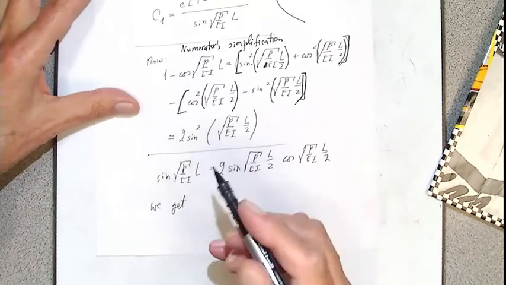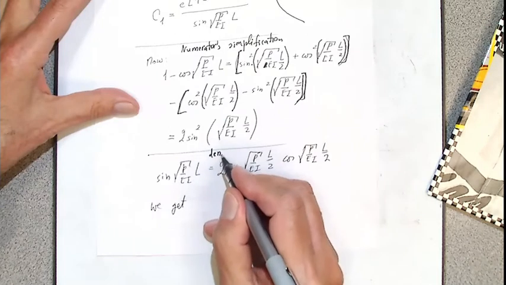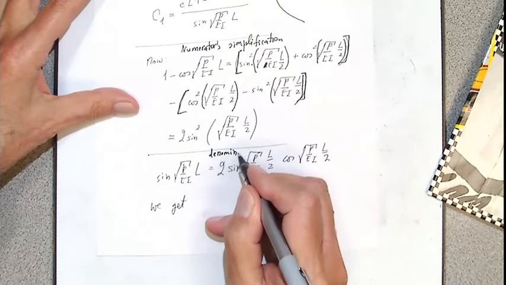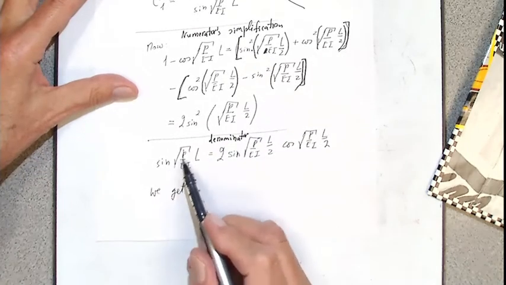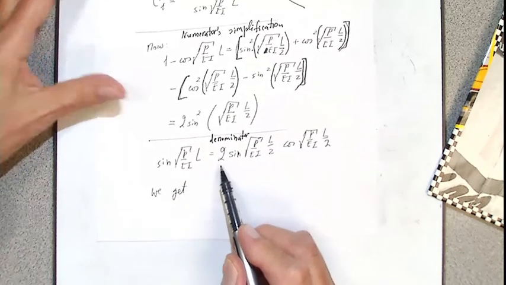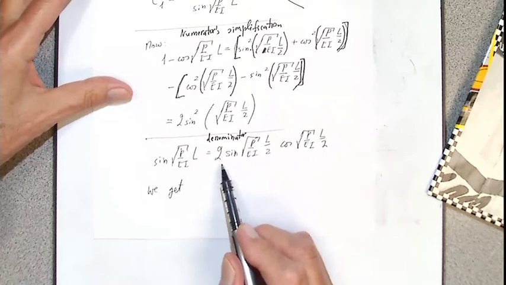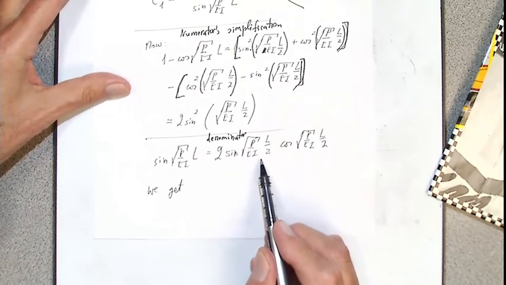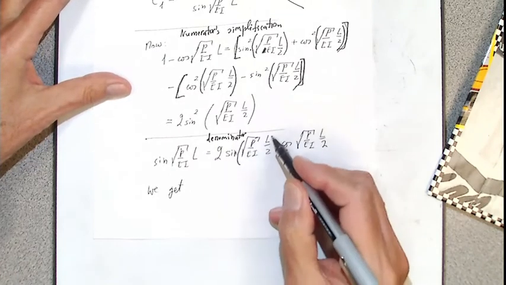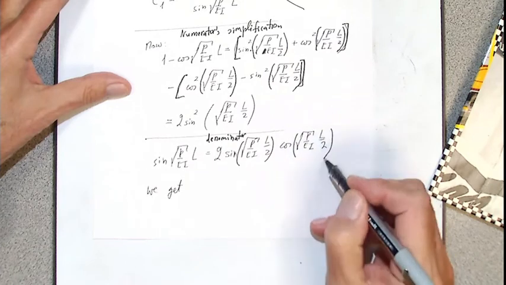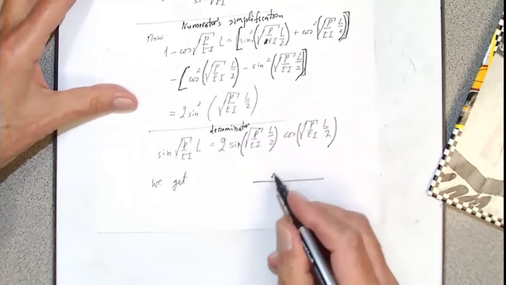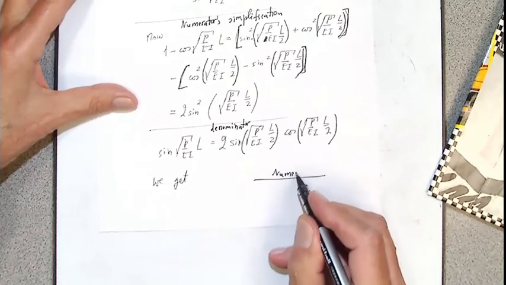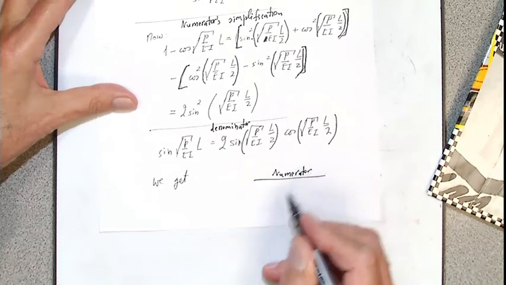Now, the denominator. The denominator is sine of square root of P over EI L. I'm writing it equals 2 times sine of the half argument and cosine of the half argument. So now we divide the numerator by the denominator.